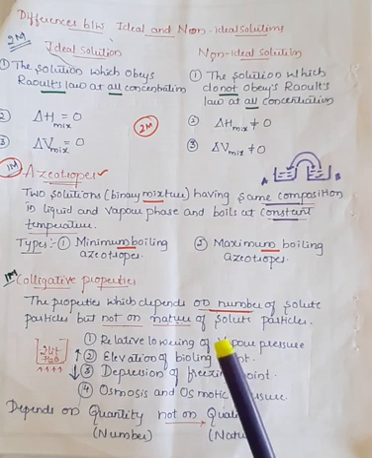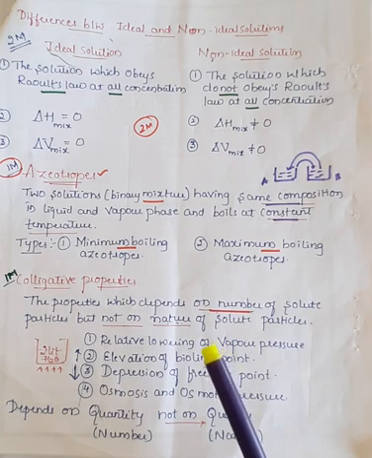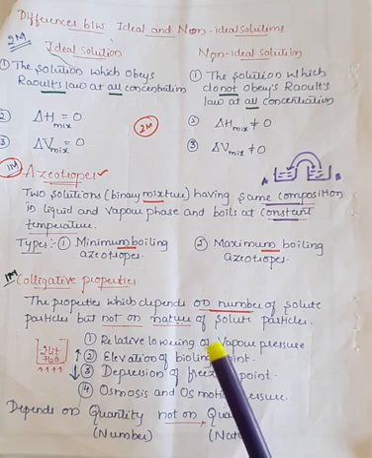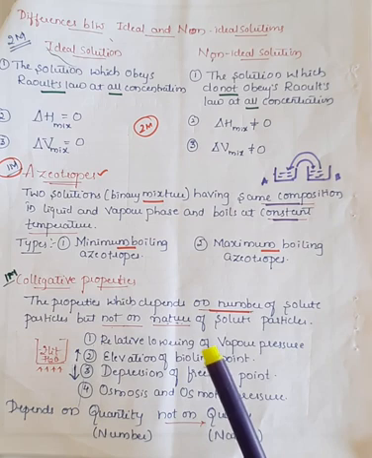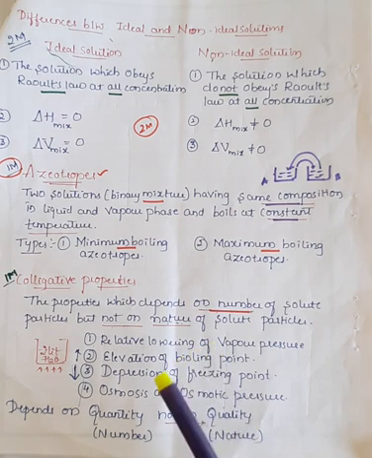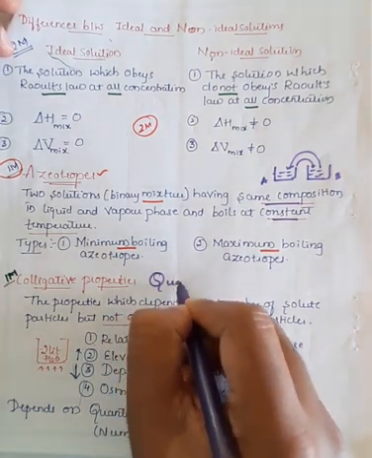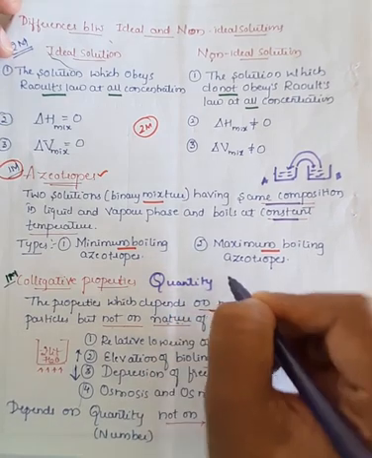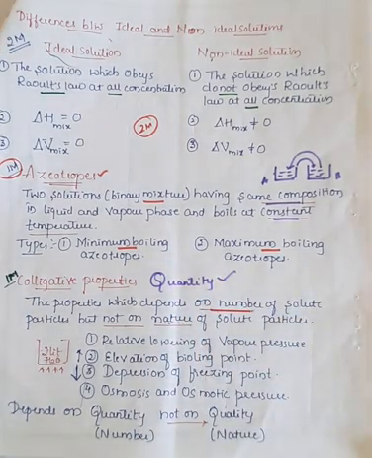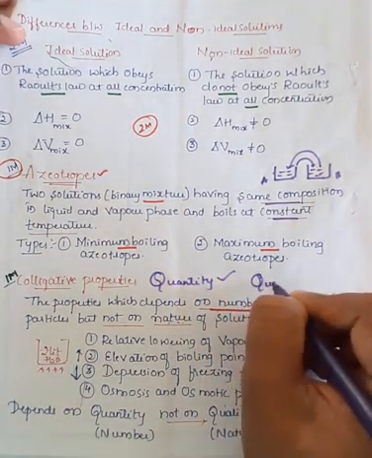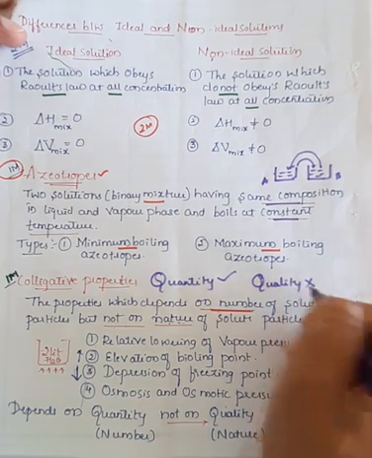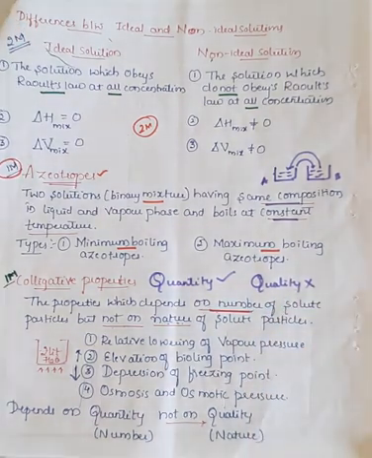If you take a simple container consisting of different kinds of solute molecules and solvent molecules, and they convert into a solution, the properties that depend only on the number, whatever kind of solution it may be, mean the quantity matters more than the quality. You must understand this word. This is a very important keyword, right?